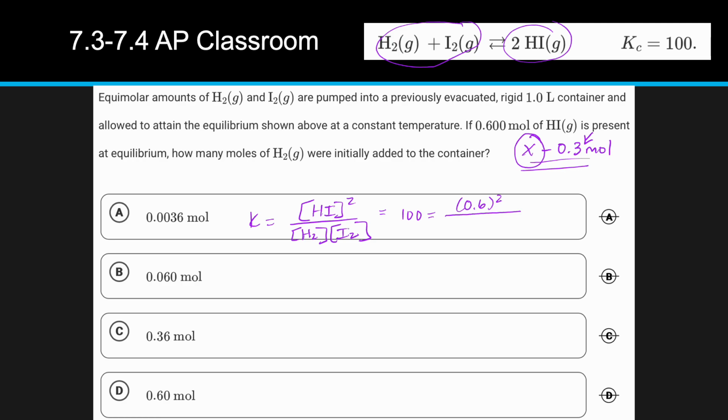Since that value is for both H2 and I2, I can put that in parentheses, X minus 0.3, and square it, because I'm using that for both H2 and I2. So now I can use my calculator and solve for X. And that is going to give us a value of 0.360 moles, which is our answer, C.